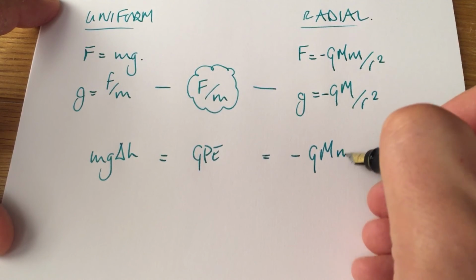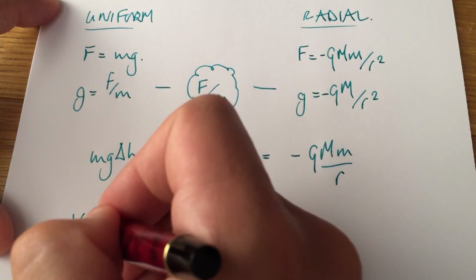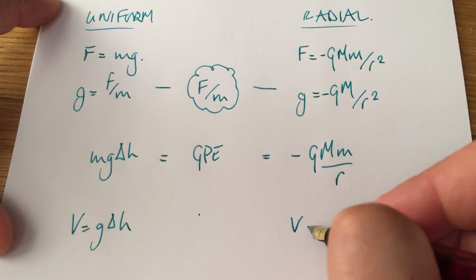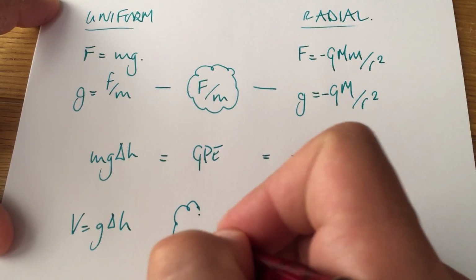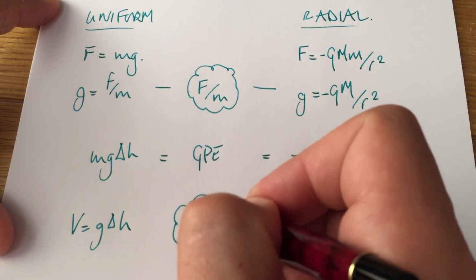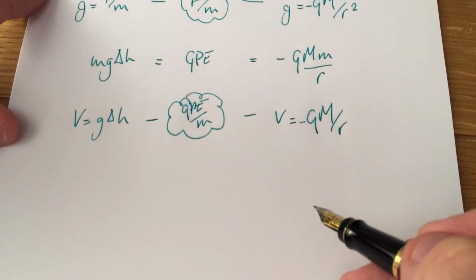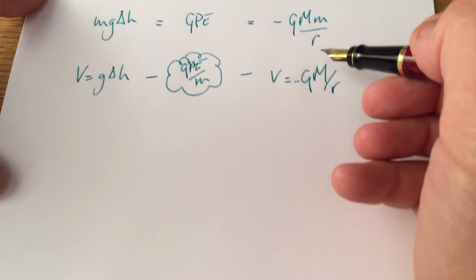The potential, of course, GM over r, is in actual fact the GPE per kilogram.